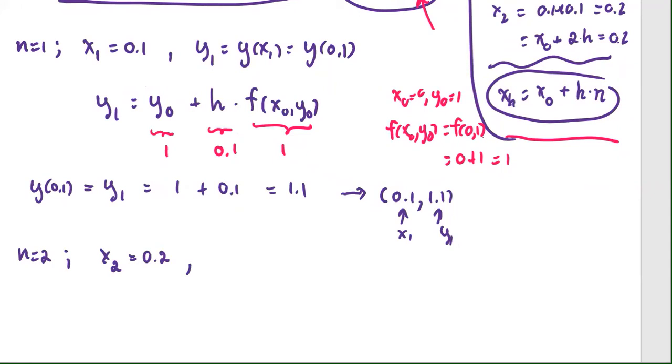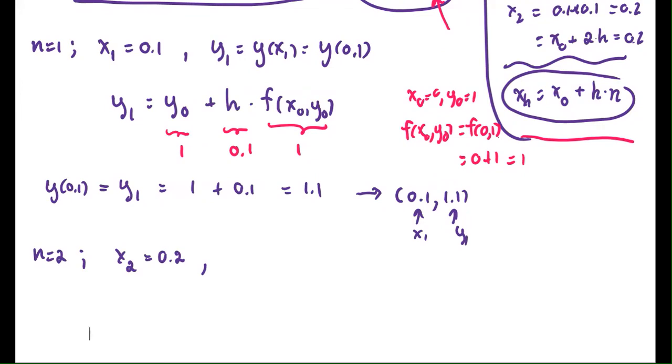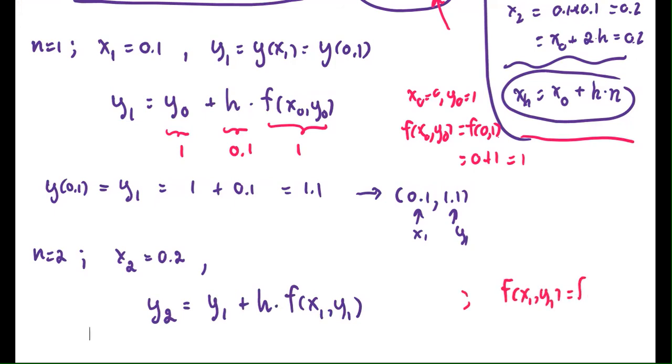So then y2 equals y1 plus h, the step size, times the slope using x1, y1. On the side, f of x1, y1, which is f of 0.1, 1.1, is the sum of these two. So 0.1 plus 1.1 gives us 1.2.